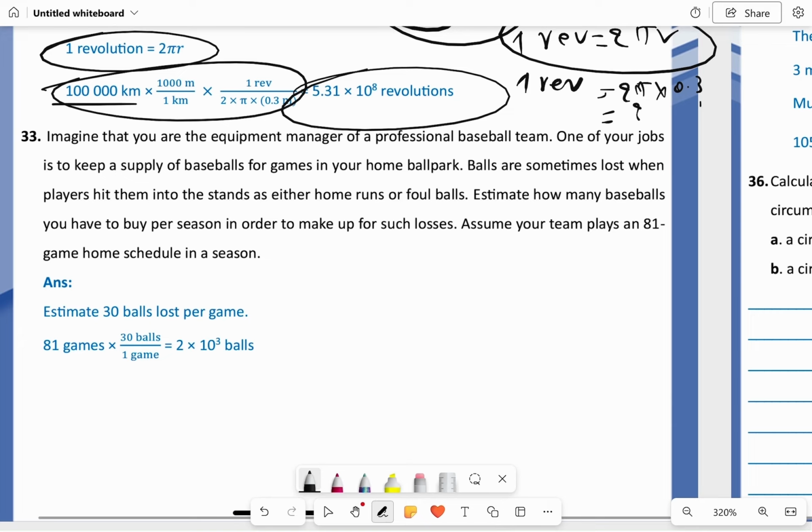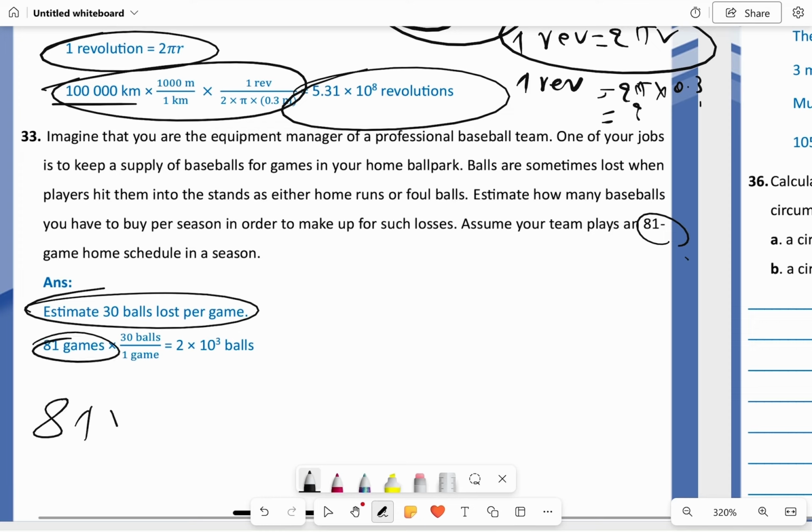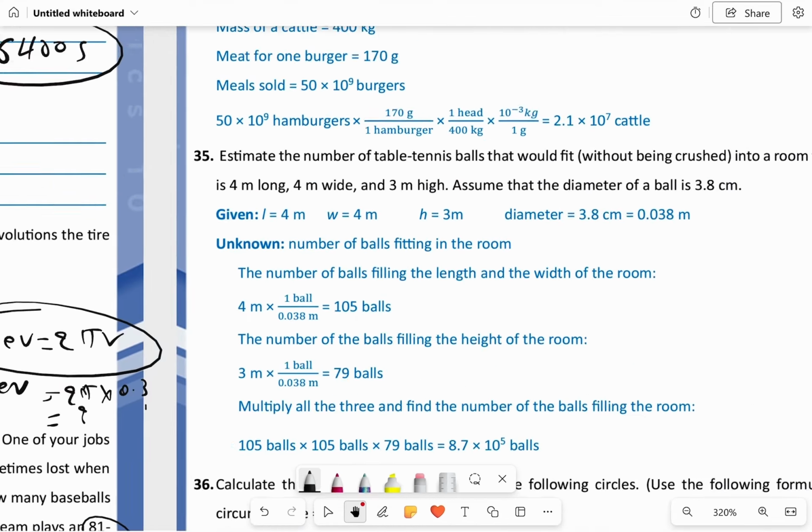Assume your team plays an 80 game home schedule in a season. So let's say that you lose 30 balls per game. So you'll say 81 times 30 balls you lose in a game. So you get this number, 2 times 10 to the power of 3 balls will be lost.